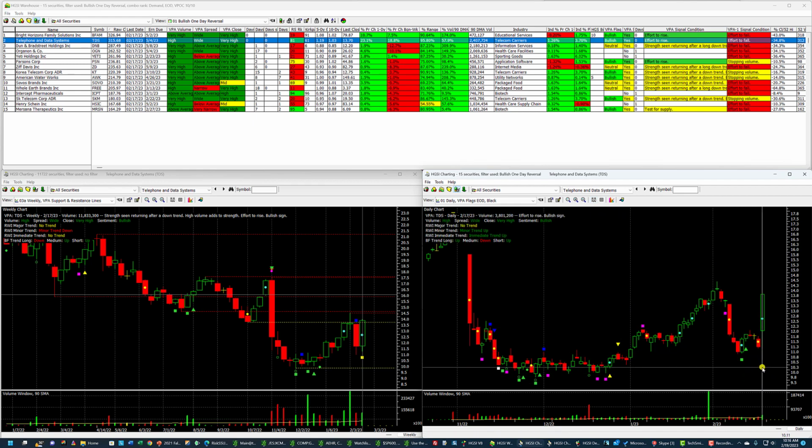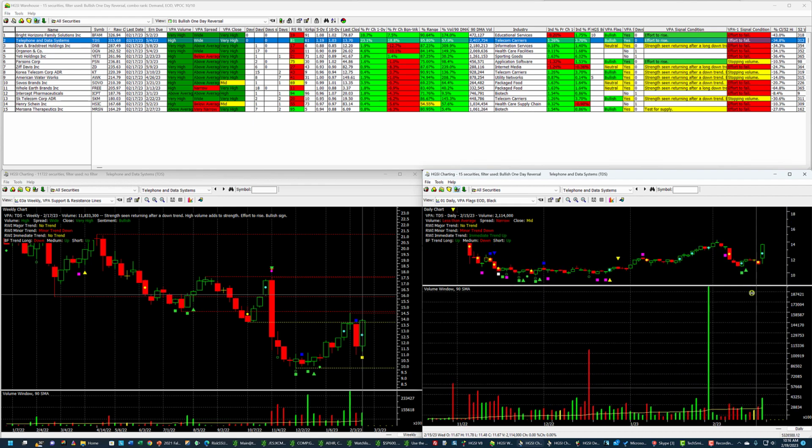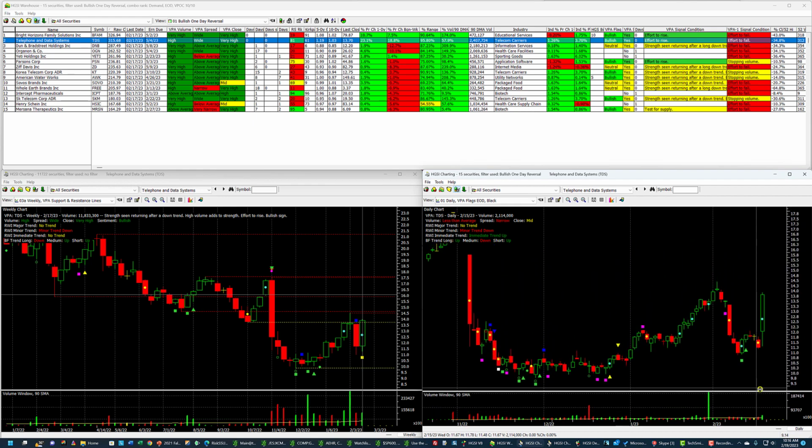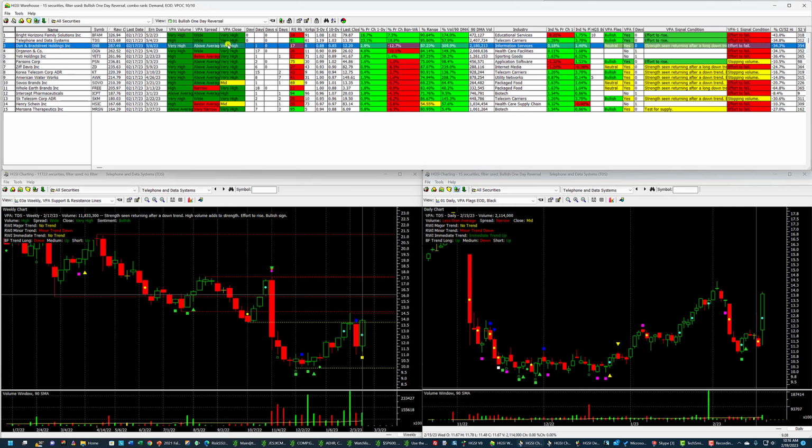When you see bars like this, there was a signal here, strength seen returning after a downtrend confirmation, and then a shakeout day. Volume wasn't tremendous on that shakeout day, but it was up. But the news, whatever the news is, came into this stock, and it's an IPO, as you can see. No, it isn't. That's just a huge gap down over here.